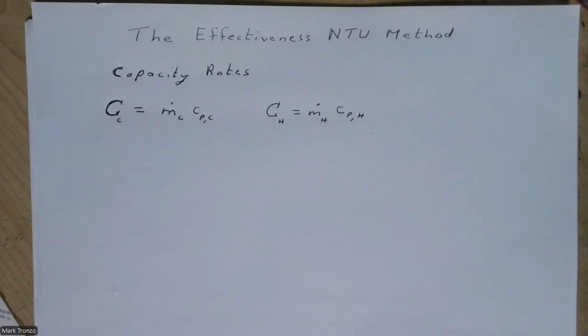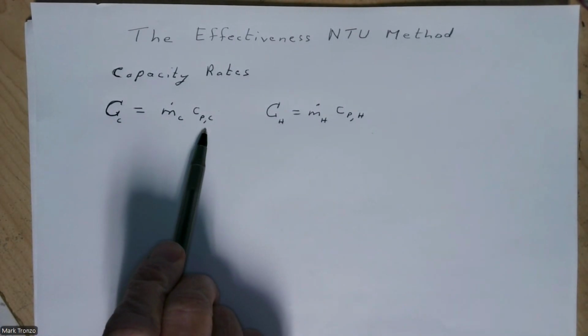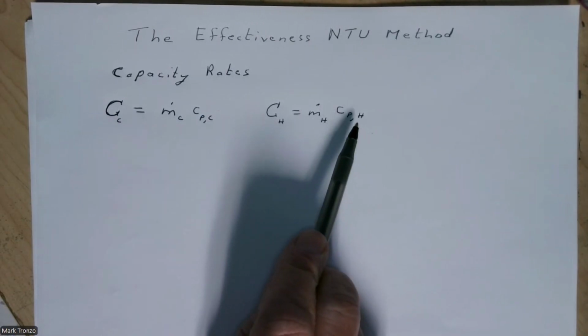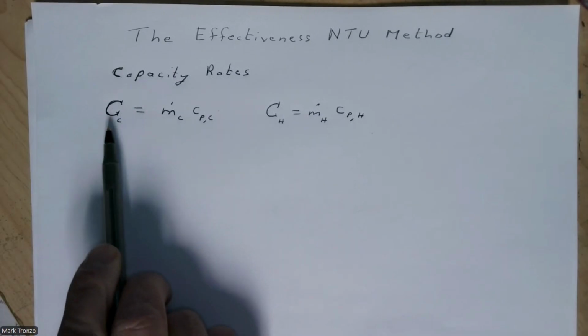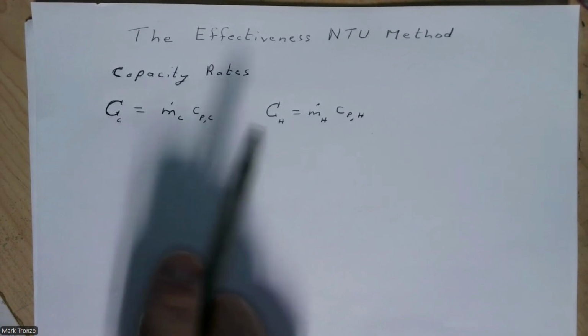So again, this is the mass flow rate of the cold, specific heat at constant pressure of the cold, mass flow rate of the hot, specific heat at constant pressure of the hot fluid. Again, this is capital C sub C and capital C sub H.